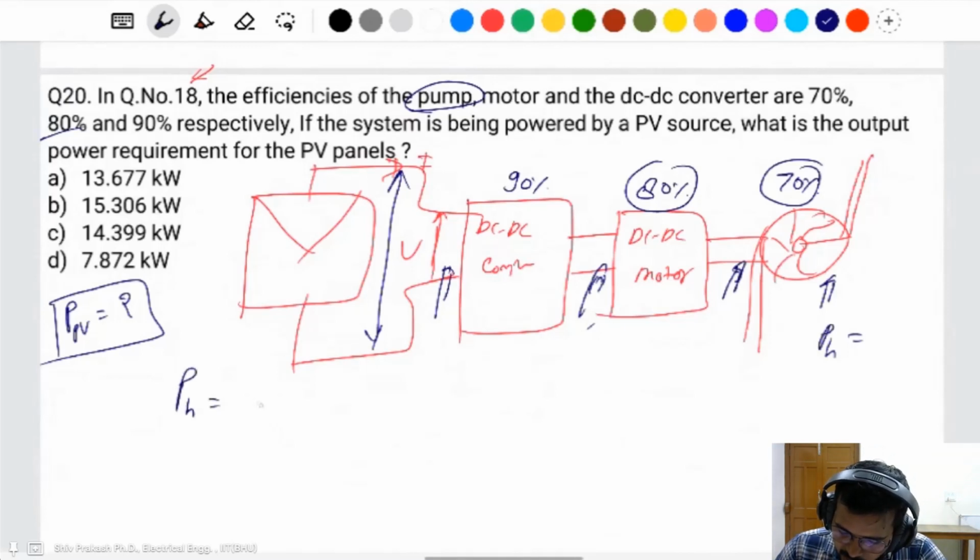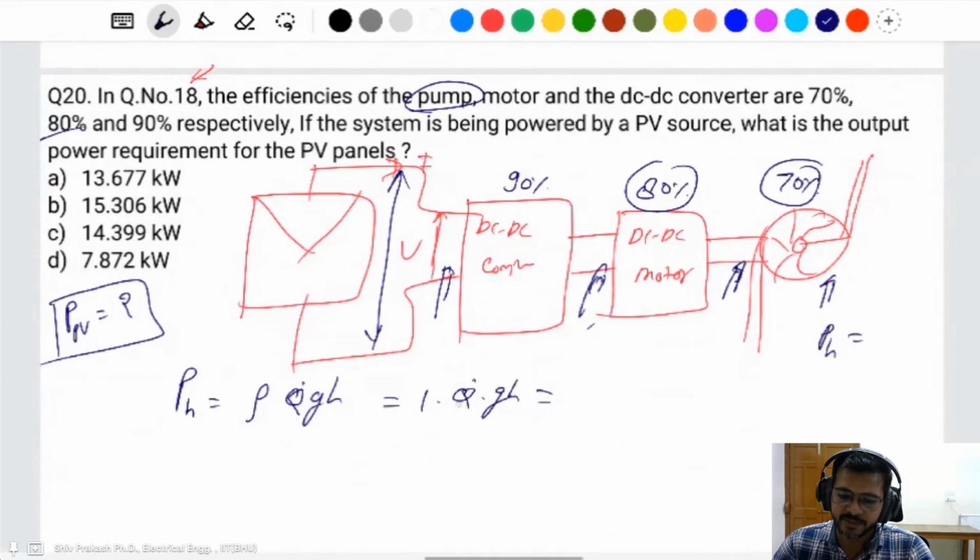Then PH is rho Q dot g H, where everything is in liters, so rho is 1 into Q dot into g H, in liter per second. Q dot is 24.6 liter per second, g is taken as 10, H is 32.